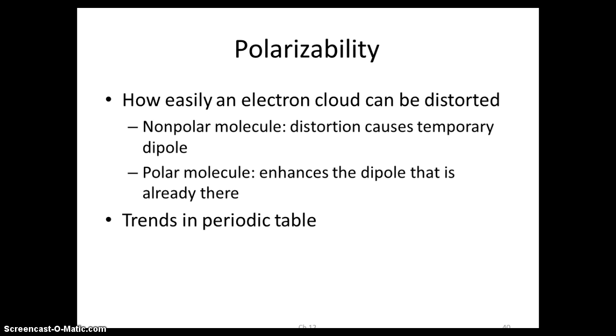Like I said, it can go back to being normal and nonpolar. And a polar molecule can actually also be polarized, and it basically enhances the dipole that is already there. So it's making a negative side more negative and the positive side more positive. And there are some of these trends that can be seen in the periodic table.